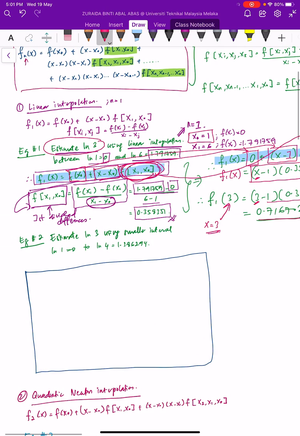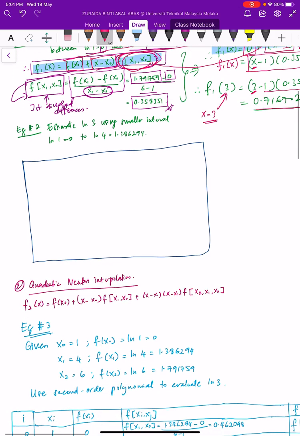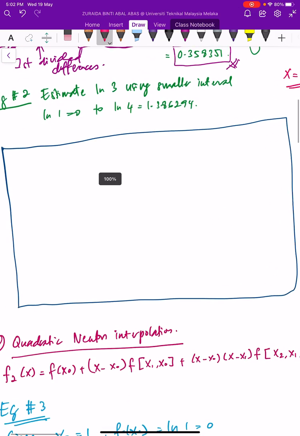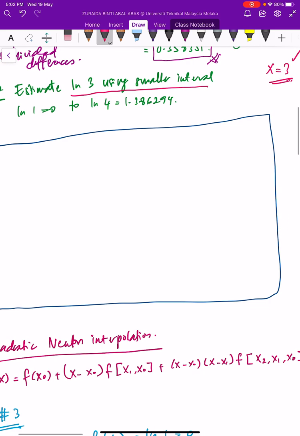So that is linear interpolation. I hope that you can try to estimate ln 3 using a smaller interval. Here, you just have to take note that x0 is 1, and f(x0) given here is equal to 0.